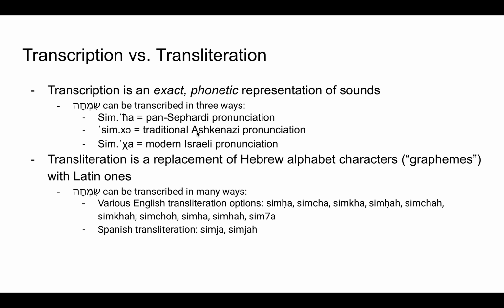We have traditional Ashkenazi pronunciation, which would be simcha, harsher het sound, but with a different vowel, simcha, ha, simha, in the Sephardic pronunciation, simha, in the Ashkenazi. And then modern Israeli Hebrew pronounces it simcha, with a very strong het sound, the ch, which is characteristic of modern Hebrew.